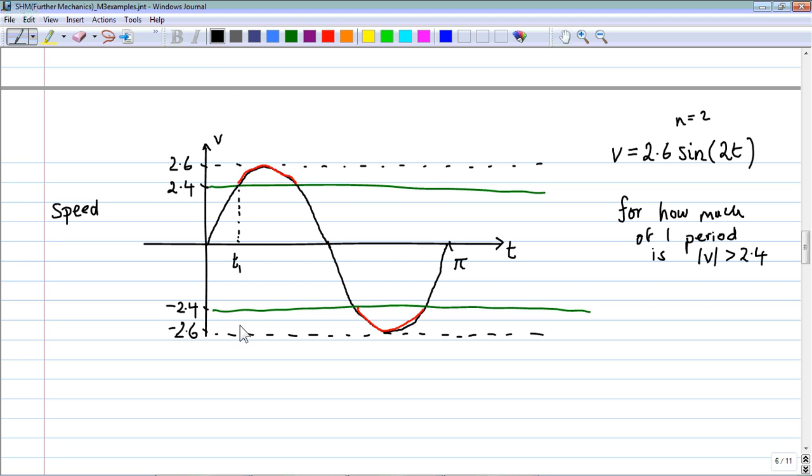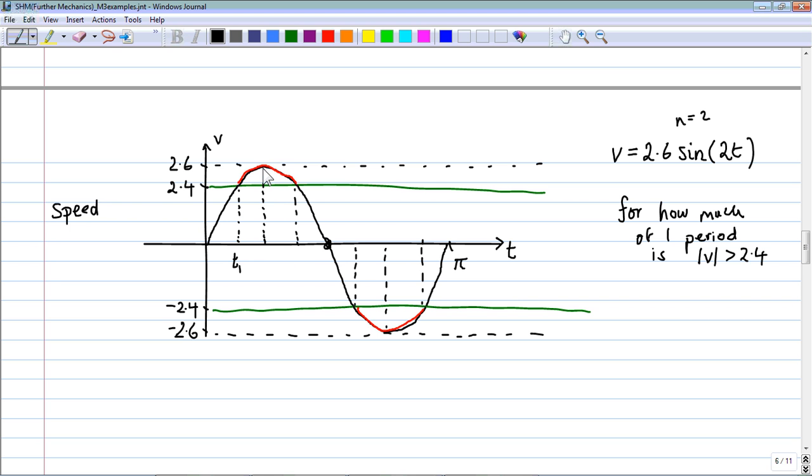Let's put this number here as t1, and I might even go a bit further and draw another line there, another line there, another line there, and another line there. The reason I'm doing that is because obviously a sine wave has a lot of symmetry. We see that not only is the sine wave symmetrical about this point, the part here is the same as the part here, except it's negative or positive.